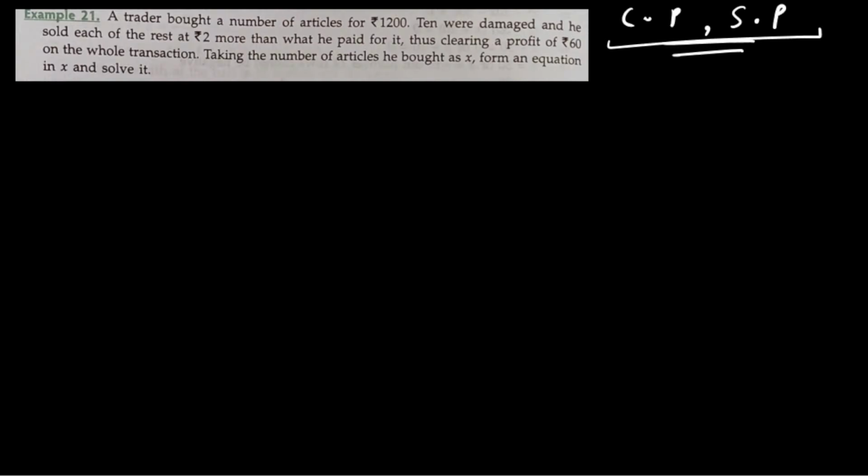So here in this question, they have already given what we have to assume as x. In some questions, they will give us what we have to assume as x. Here they have already given the number of articles. So the number of articles he has bought, we have to assume as x.